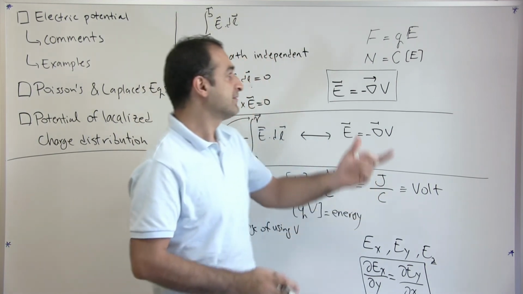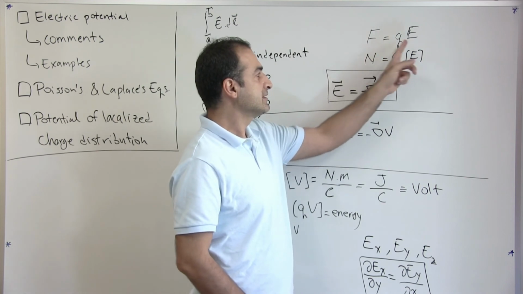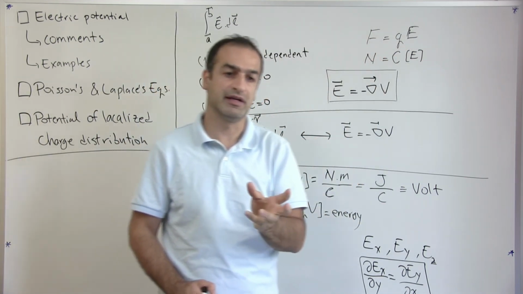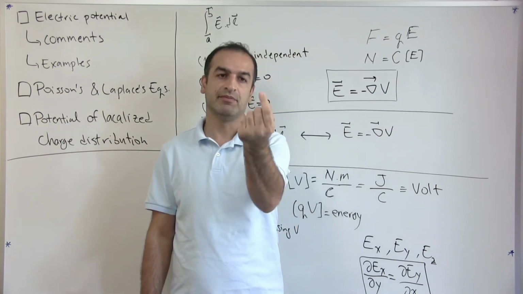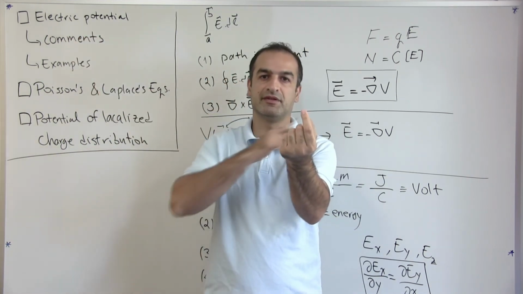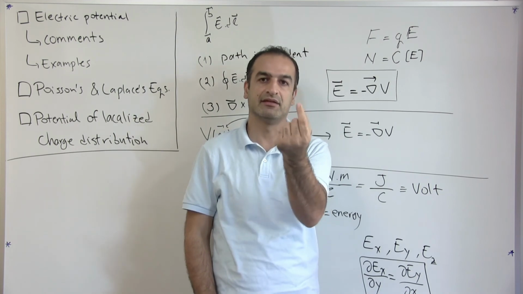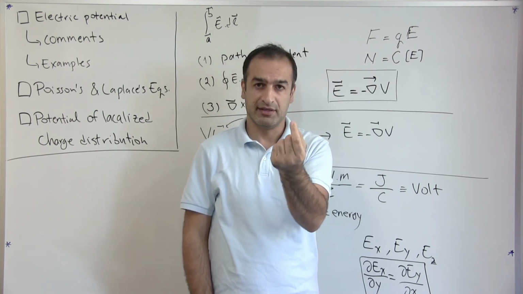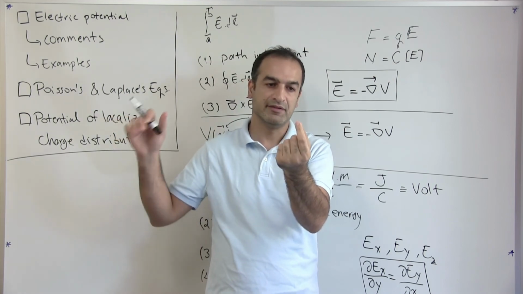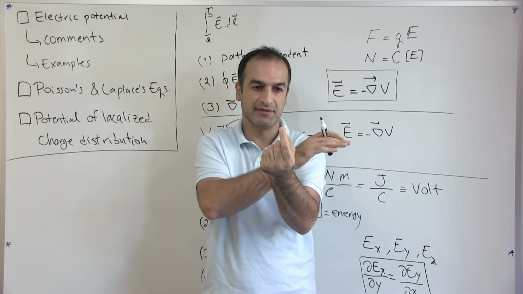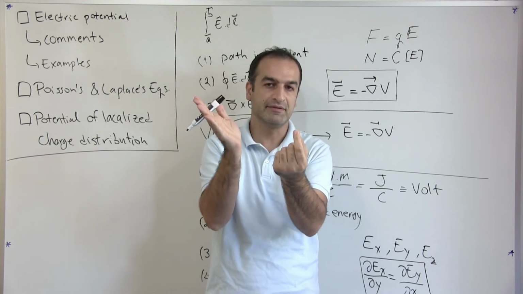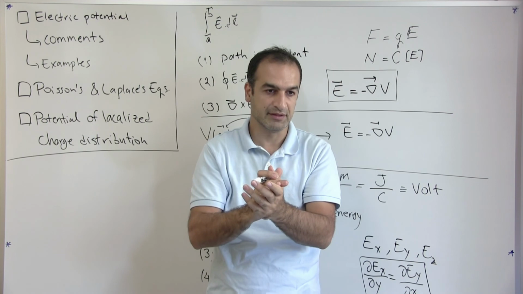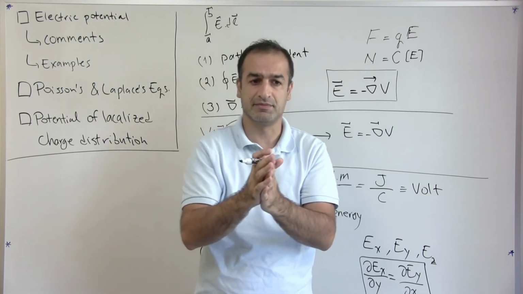And from the relationship between the force and electric field, we could say that the same principle is correct for electric field. Imagine there's one point in a space and I have multiple different charge distributions and I want to calculate the net electric field right at this point. It's enough for me to calculate electric field from each of the charge distributions, and it's going to be multiple electric field vectors. And if I add them, I can calculate the net electric field. Okay, that's technically the superposition principle.